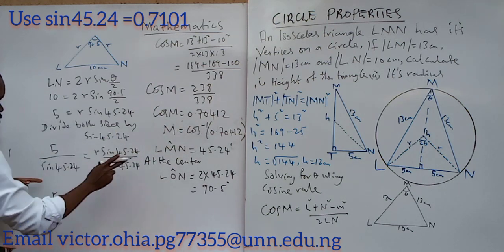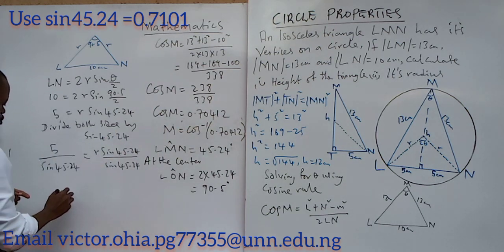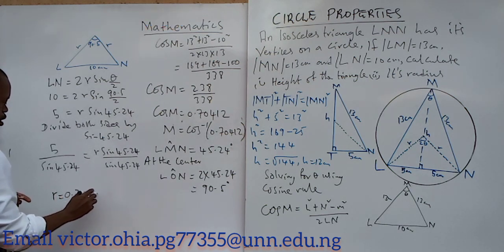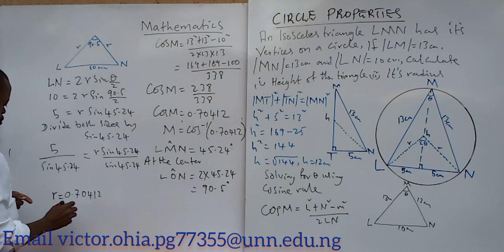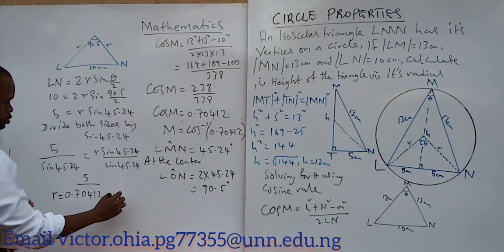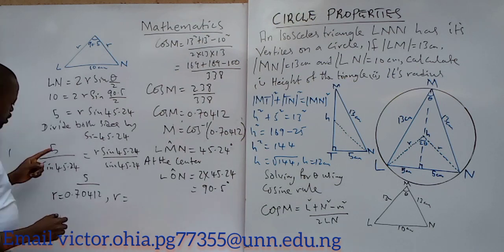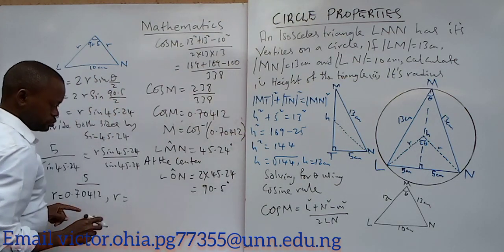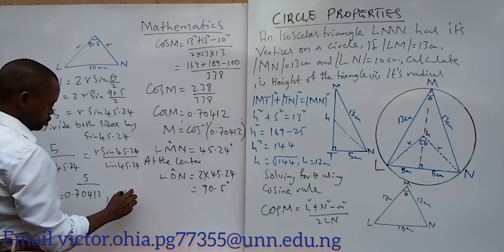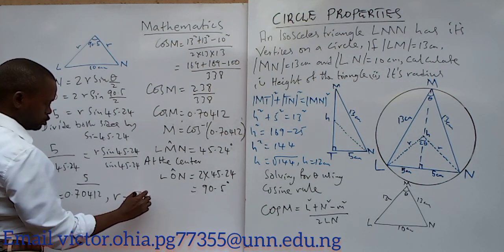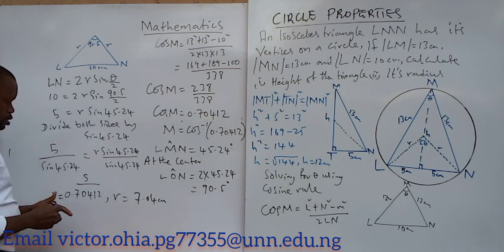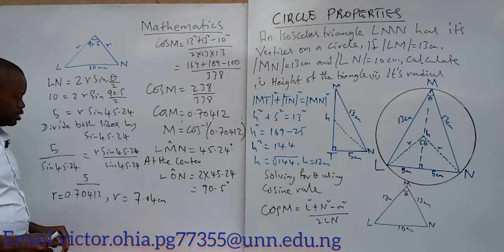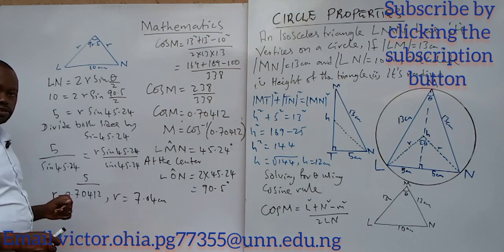So sine of this is 0.70412. Okay. So 5 over this. So radius is equals to, if you divide 5 by this, in the calculation I have done already, to be faster, it will be 7.04 cm.